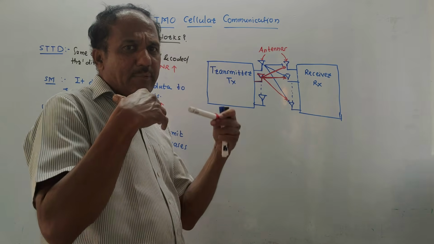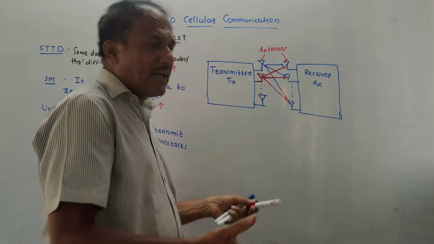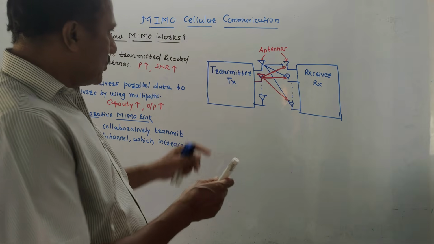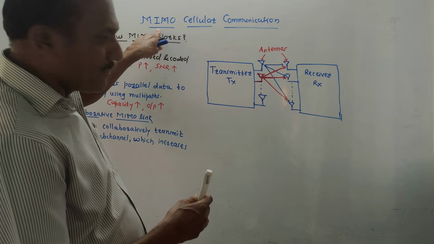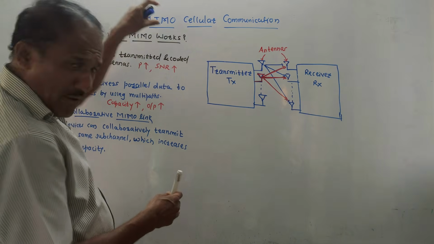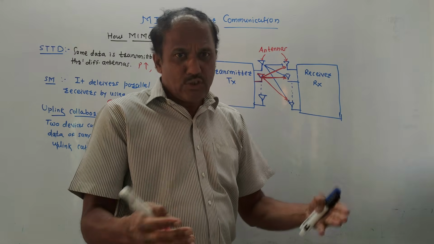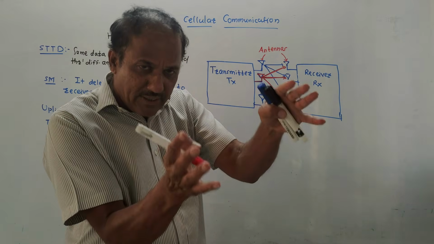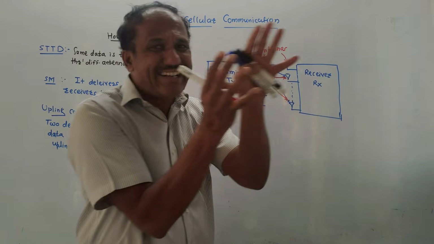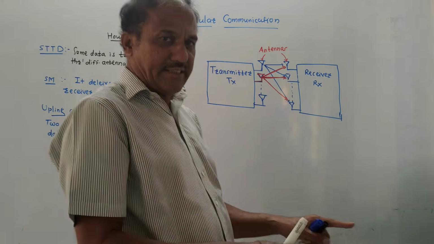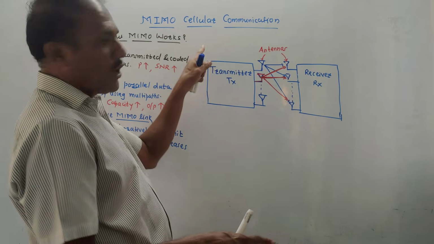So there are multiple divergences for the signal, because of which a lot of disturbance is obtained. To avoid this, the MIMO system is used. It makes use of an intelligent network, so that at the receiver, the different signals obtained are compared and the strongest signal is selected. That is the advantage of the MIMO system.